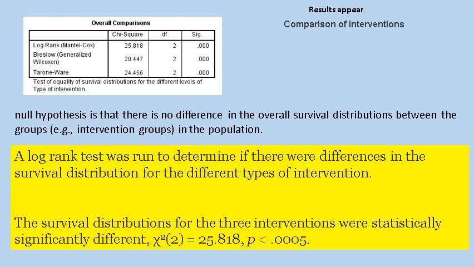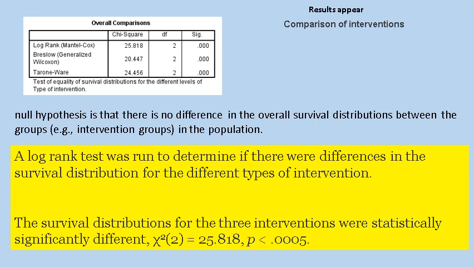A log-rank test was run to determine if there were differences in the survival distribution for the different types of intervention. The survival distribution for the 3 different types of interventions was statistically significantly different. Understood?